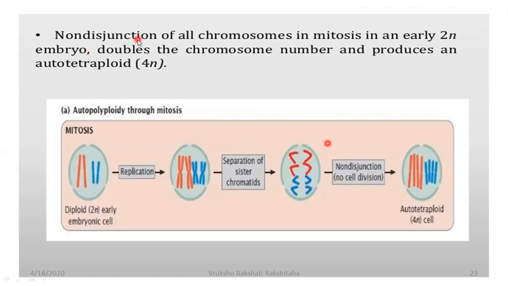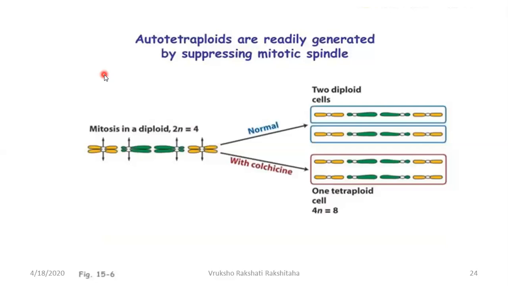So non-disjunction of all the chromosomes in mitosis in an early embryo doubles the chromosome number and produces the phenomenon of autotetraploidy. Now this is another pic. So you can follow either that diagram or this diagram.